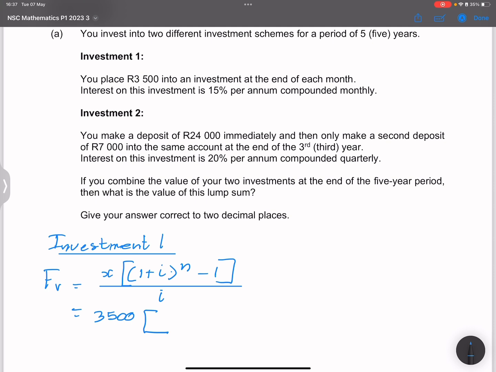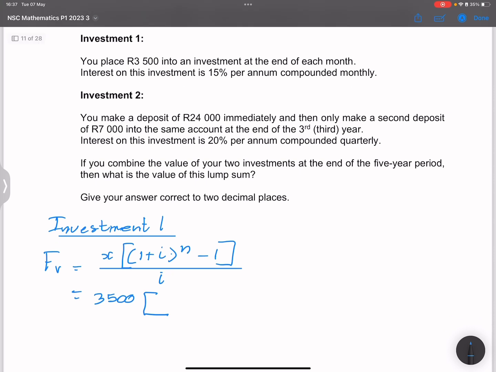Our interest per annum is 15%. So this is 1 plus 0.15, but this is compounded monthly, so it's over 12, and the exponent is 12 multiplied by 5, minus 1, and that will be divided by 0.15 over 12.